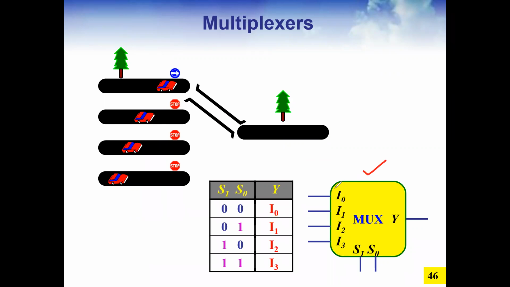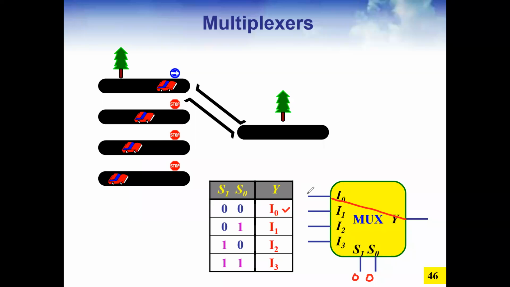The inputs are I0 to I3 and the output is Y. If, for example, I say the value of the selection line is 0, 0, which input is going to be connected to the output? I0. So I0 will be connected, and Y will be I0.